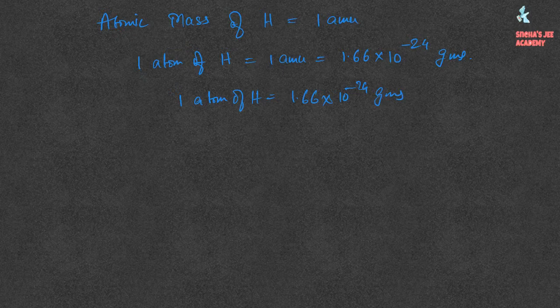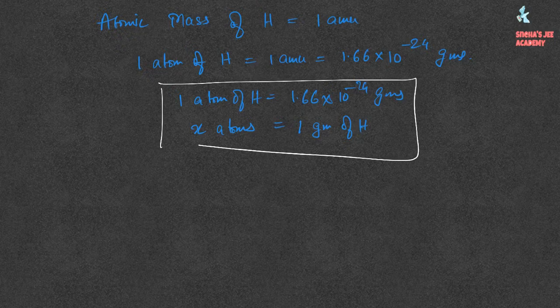If I were to ask you how many atoms would be present in 1 gram of hydrogen, X atoms, how will you calculate this? So this is a simple direct proportion problem. If one atom of hydrogen weighs 1.66 times 10 raised to minus 24 grams, how many atoms would make 1 gram of hydrogen?